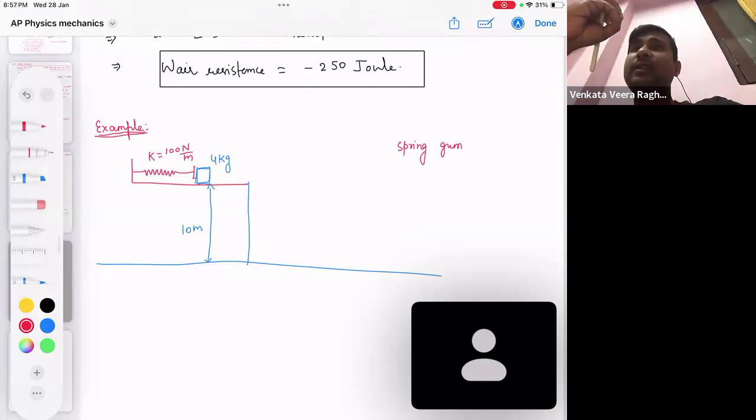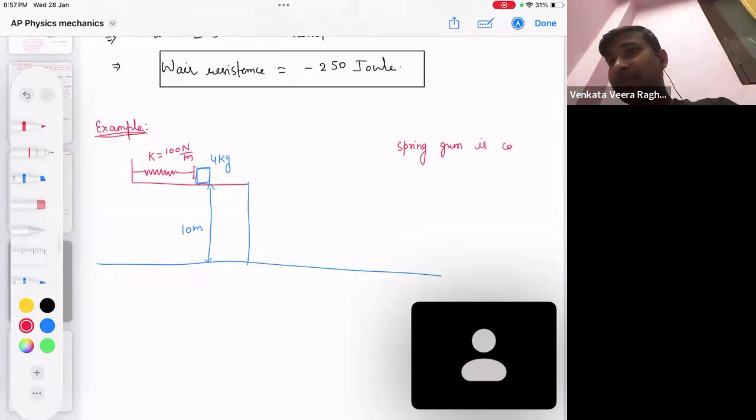It will reach the natural length, and after reaching the natural length, it will leave the spring. And after that, its motion is going to be under gravity. The spring gun is compressed by 50 centimeter and released.